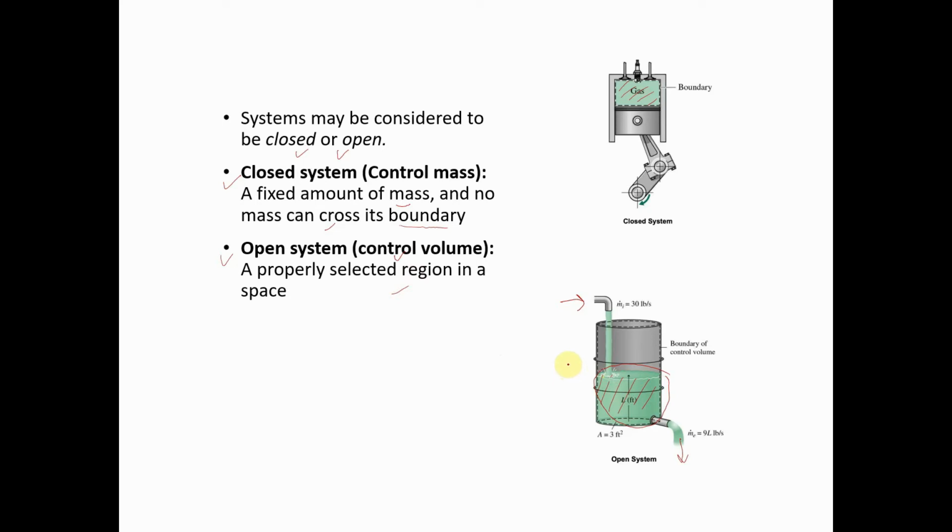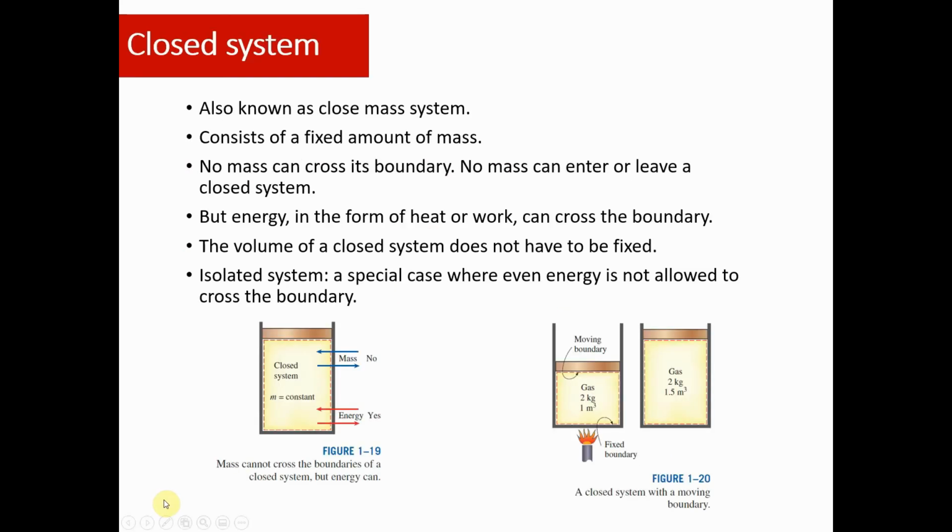So that's about the closed and open system, which I'm going to explain a bit more after this. Let me give more details about the closed and open system, because now it's not just focusing on the mass, but it will also involve some energy. As mentioned before, the closed system is also known as the closed mass system, since the amount of mass is fixed in the system.